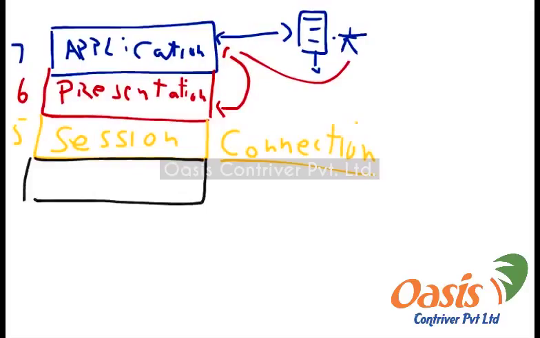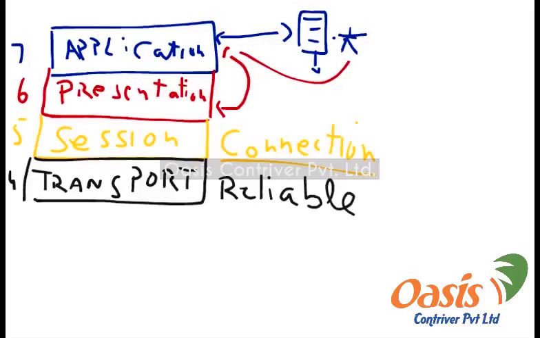Under the session layer you have another layer which facilitates the session layer, called the transport layer. The main purpose of the transport layer is the reliable sending of data packets between nodes. It converts the data into packets and sends them reliably to another node.